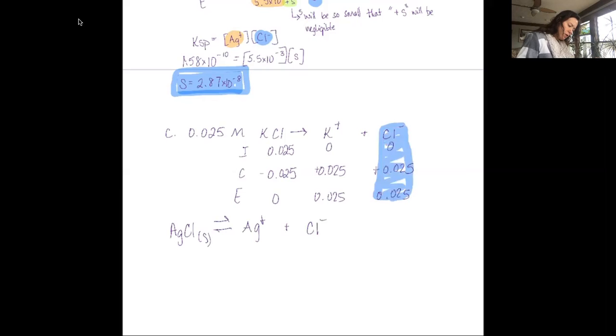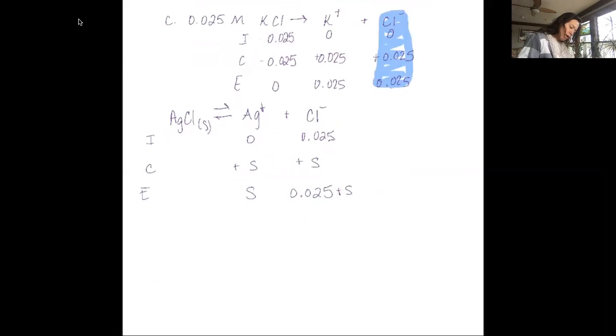Okay, so we initially have 0.025 of this, none of this, change plus S, at equilibrium S and 0.025 plus S. We will assume S to be negligible, all right? Because the KSP is so small anyway that this does not proceed very far in the forward direction. So we will not be gaining much.